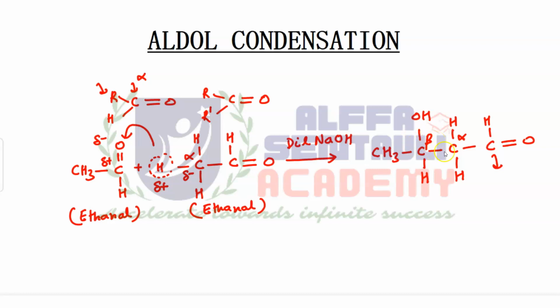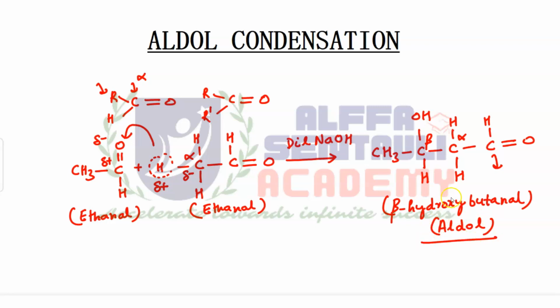So you see, the name of this compound is beta hydroxy. How many carbons are there? Meth, eth, prop, but: butanal. Beta hydroxy butanal, and the common name of this compound is aldol.